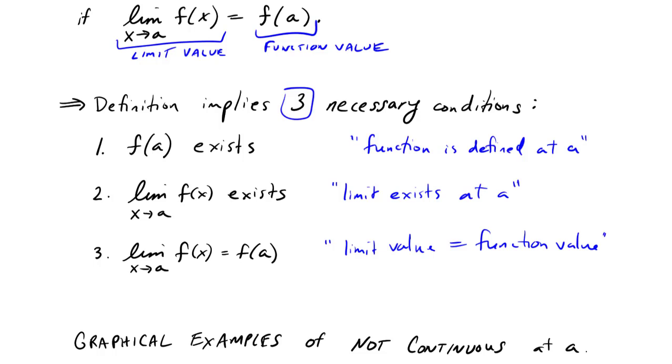So basically, the reason we broke it down is because first you needed to really ensure that both of these exist on their own. And they could exist on their own and yet not be equal. So we're making sure that the function exists there, is defined there, the limit exists there, and that the two values coming from those first two are the same.